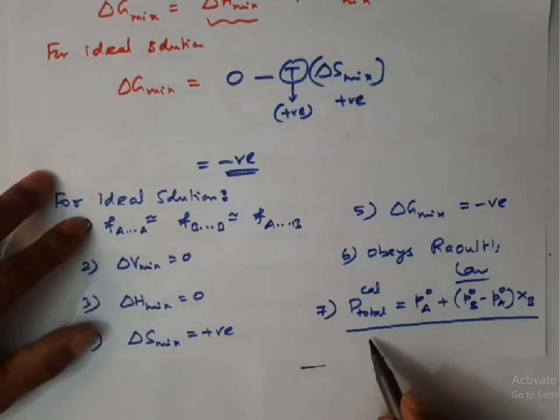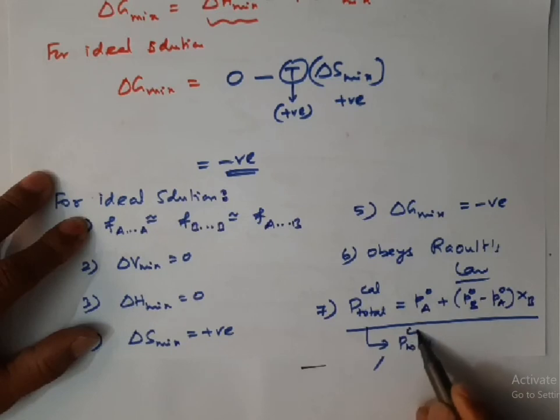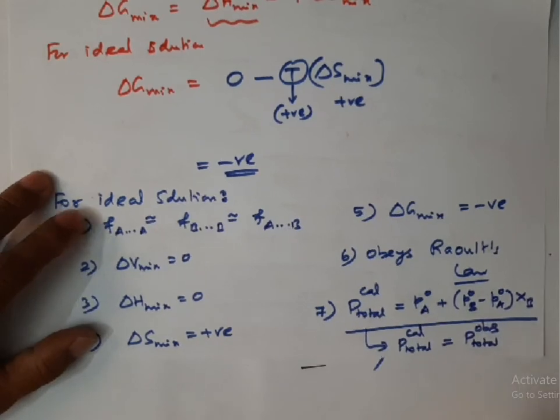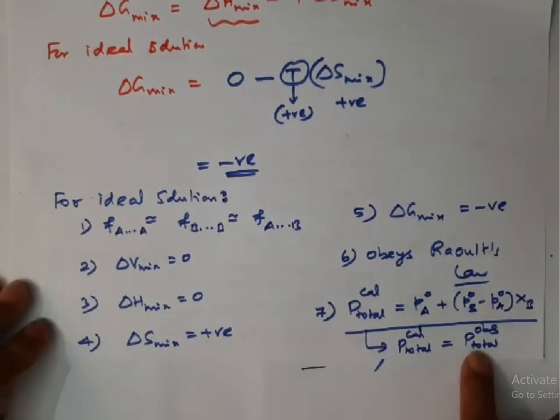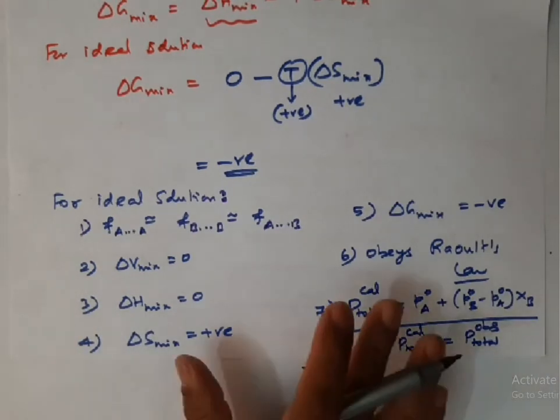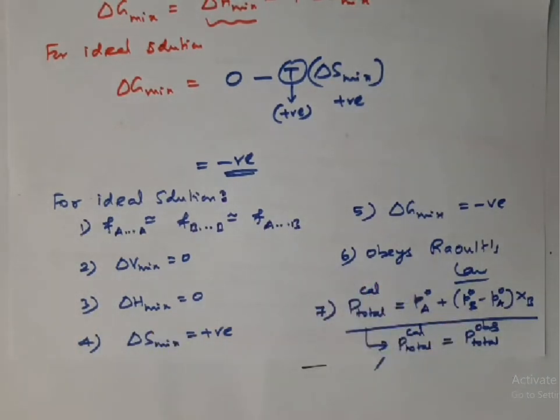This is very important. This total pressure, calculated or theoretical, is equal to total pressure which is determined experimentally, observed. Observed total pressure and calculated total pressure are equal. So this is the characteristic of ideal solutions. These are the points you should remember for ideal solution.